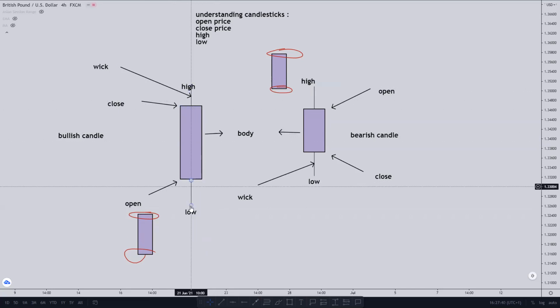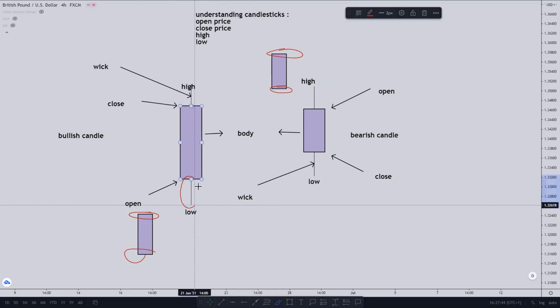When you see this tail here, this long wick, we call this a wick, right? This is just a trace of where price went, and then the body tells you where the price closed at, or opened at.